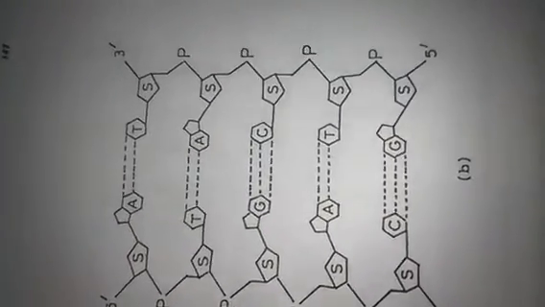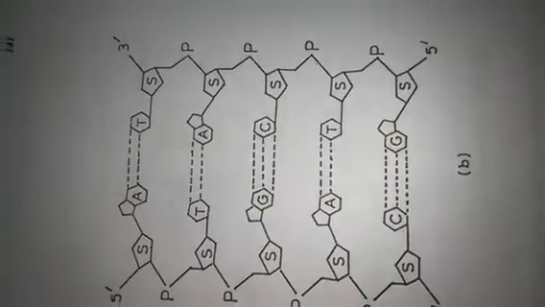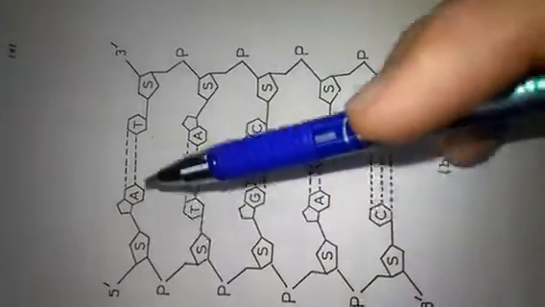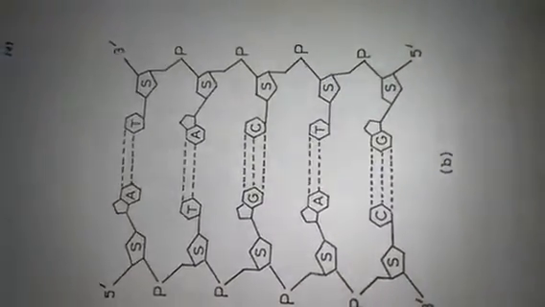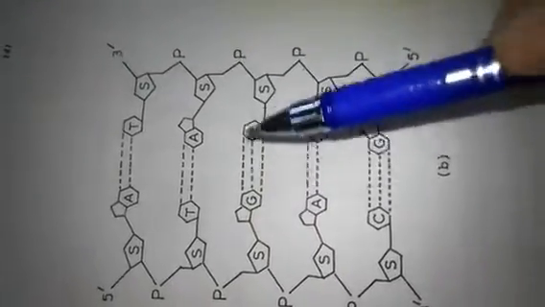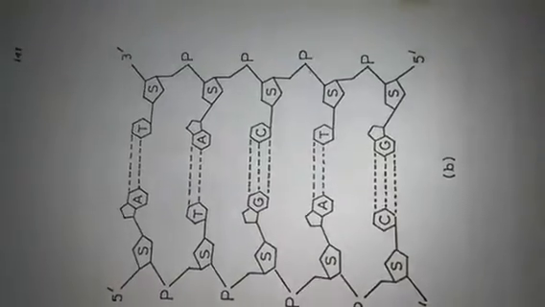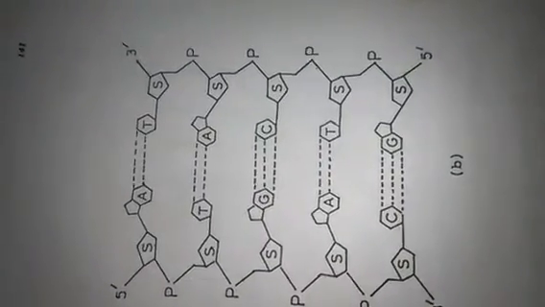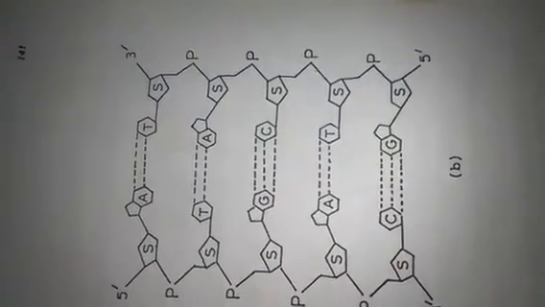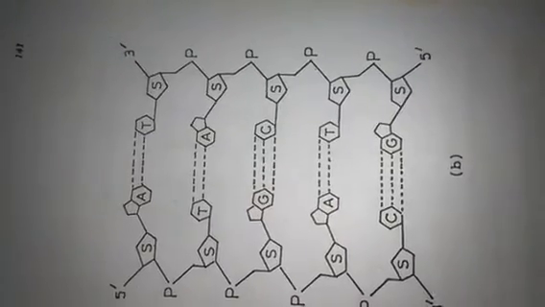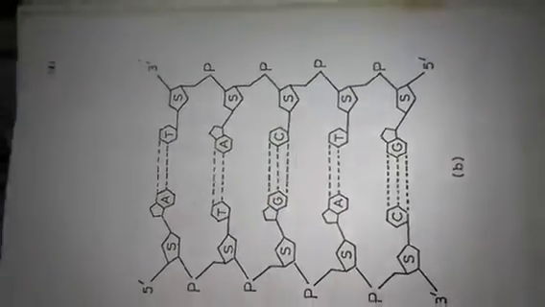These are stacked one above the other in the interior of the double helix, nearly perpendicular to the long axis of the helix. The distance between two successive base pairs is 3.4.